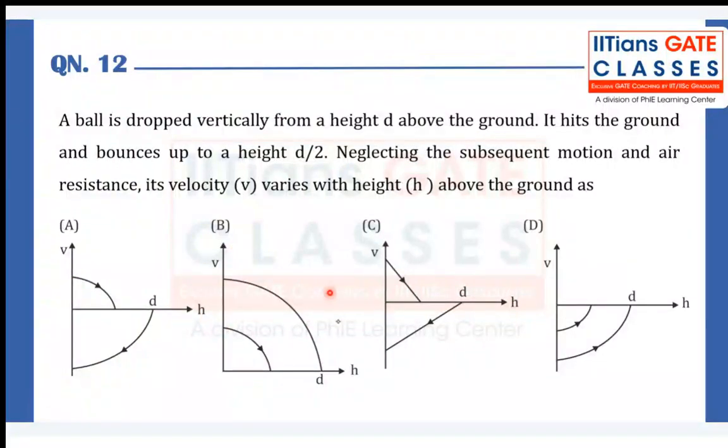So from this figure, we can clearly see option B and D are incorrect because the direction of the velocity is not changing in figure B and D. So that's why either A or C we have to focus on. And then it is bouncing in the upward direction now, up to the height d by 2.